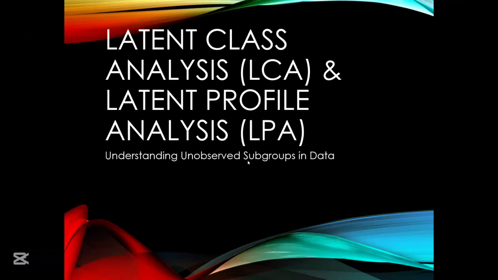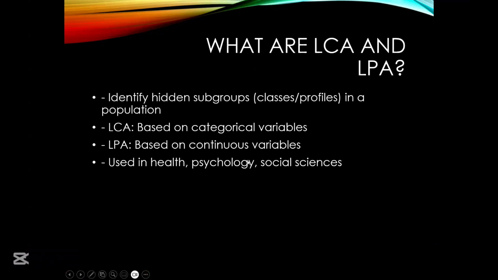And so we want to understand what these two key terms are. Basically, the LCA and the LPA are used to identify hidden subgroups within a given population or data set that you have. For example, you have a data set on the behaviors of high school students and their physical activity level.